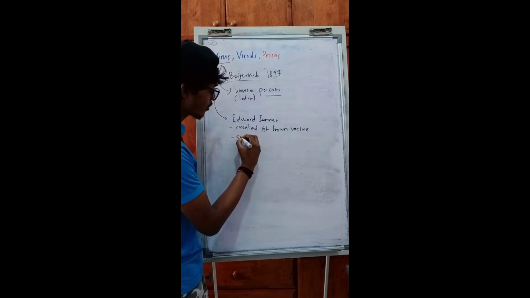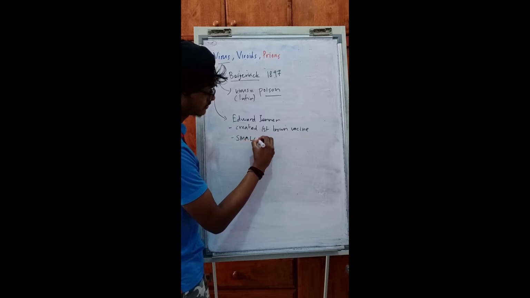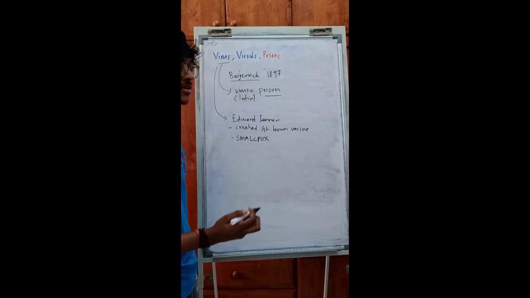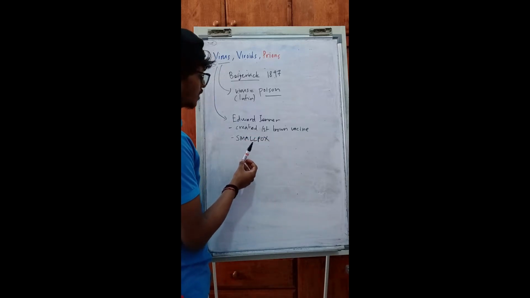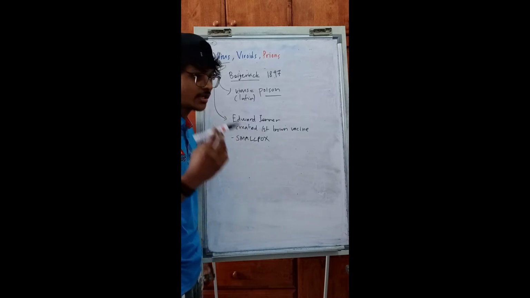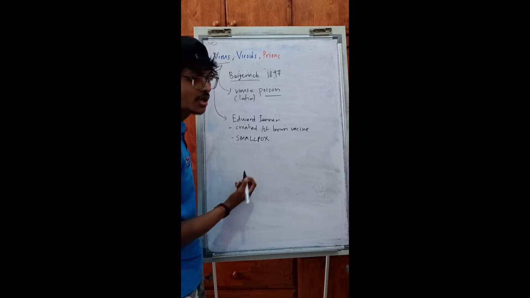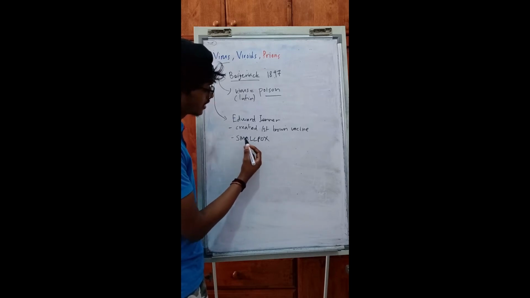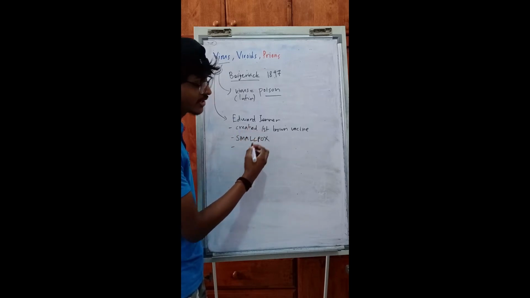Smallpox. Smallpox was spreading very much like COVID-19, all over the world. So he was the one that cured smallpox by creating a vaccine.